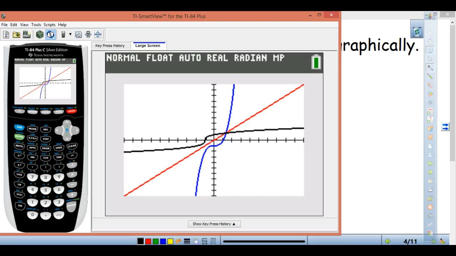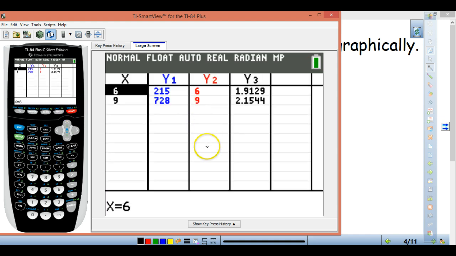All right, so as long as we've got this open, let's take a quick look at that table. So recall that you're switching the inputs and the outputs when you're working with inverse functions.